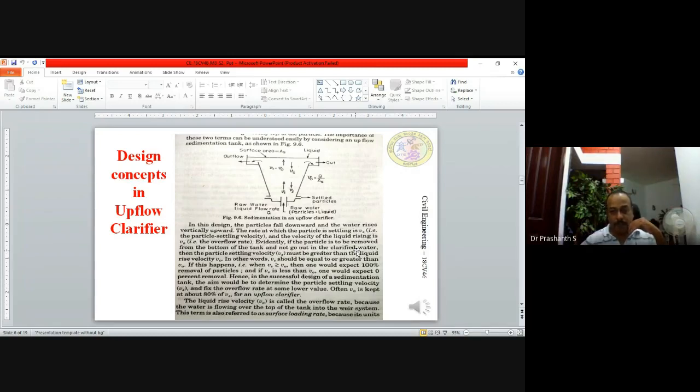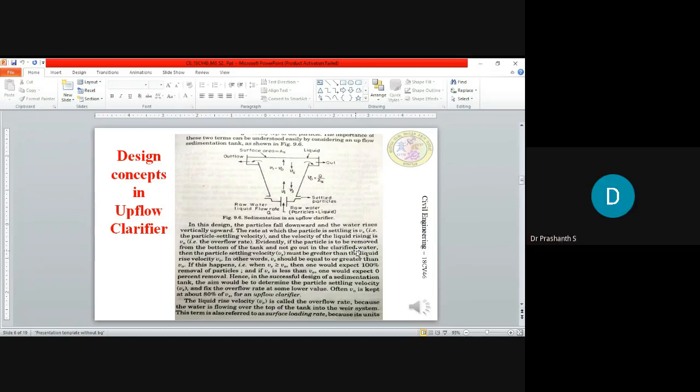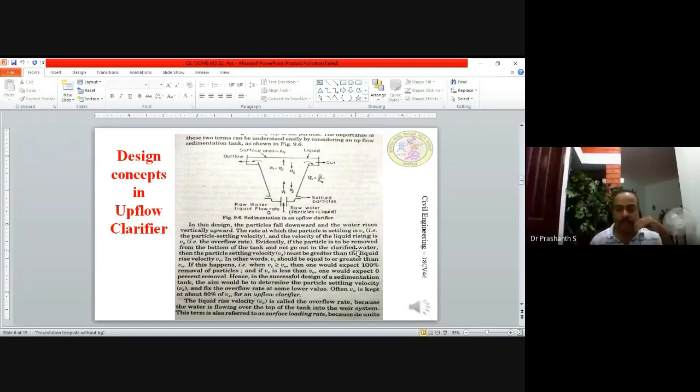Evidently, if the particle is to be removed from the bottom of the tank and not to go out with the clarified water, means if the particles go out with the water, it is of no use. Our intention is to remove the particles from the water.